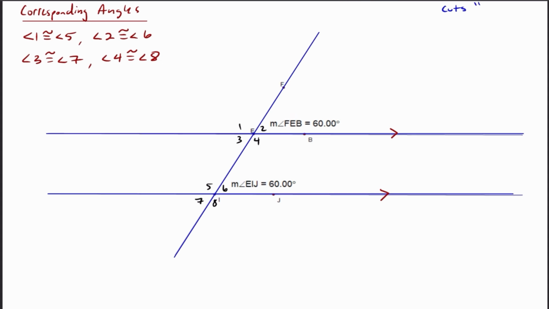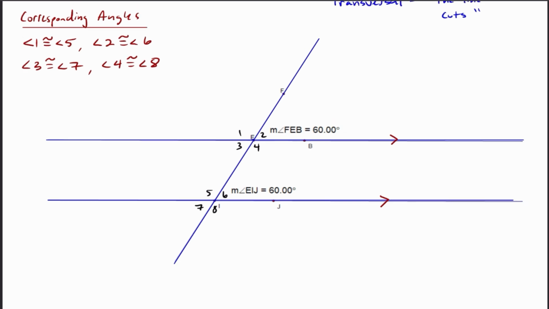Now, if you're having troubles understanding what corresponding angles are, let me go ahead and give you an example. Imagine that we have two universes. This is universe 1, and this is universe 2. You're in universe 1. And let's say that you're standing right here in universe 1.